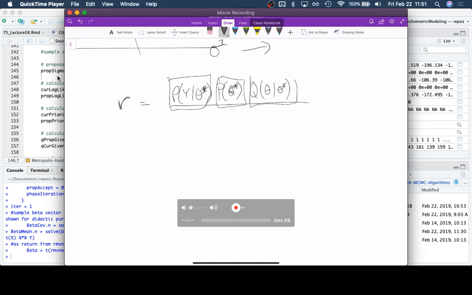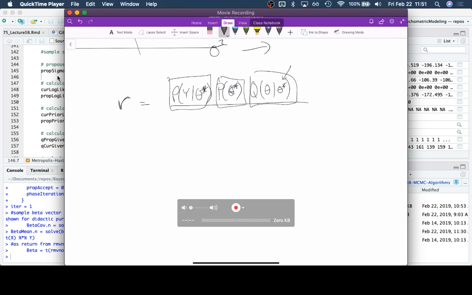And this part is a normal distribution where the mean is now our new parameter, and the other value is our old parameter. If it's symmetric, it will cancel. Technically speaking, to do this right, I actually sampled from, I think, a log normal distribution. So we may be symmetric, we may not be.